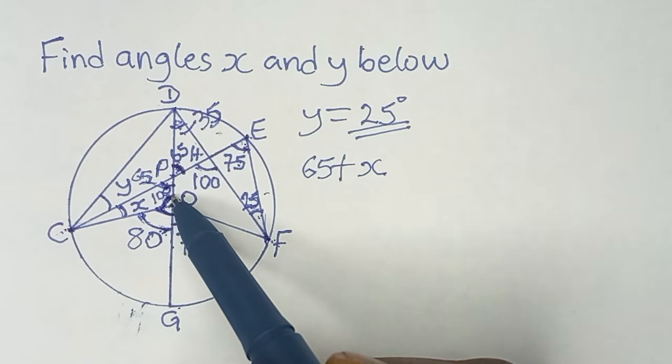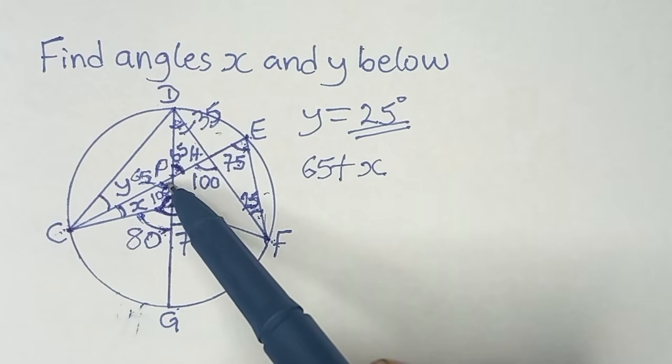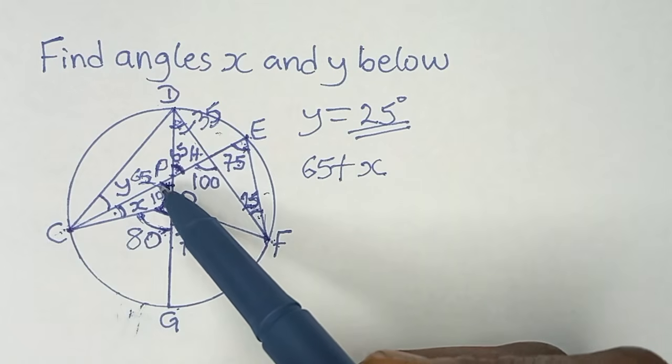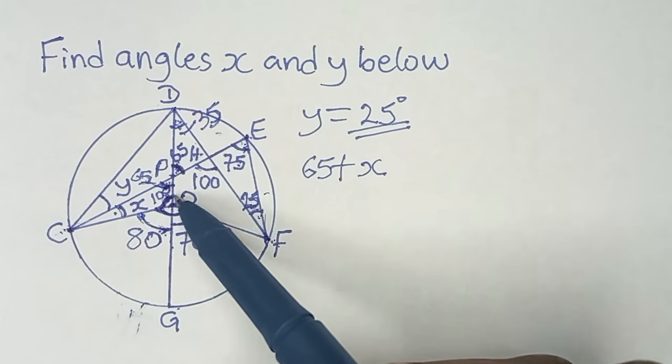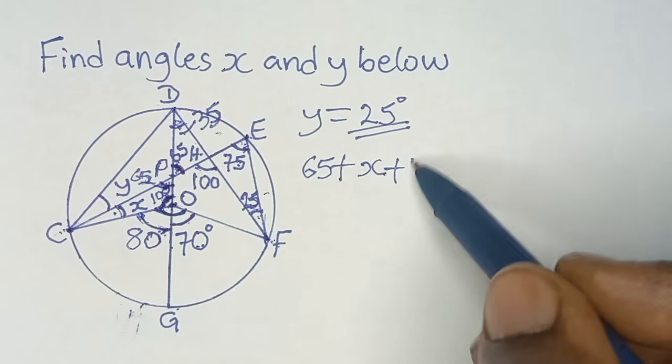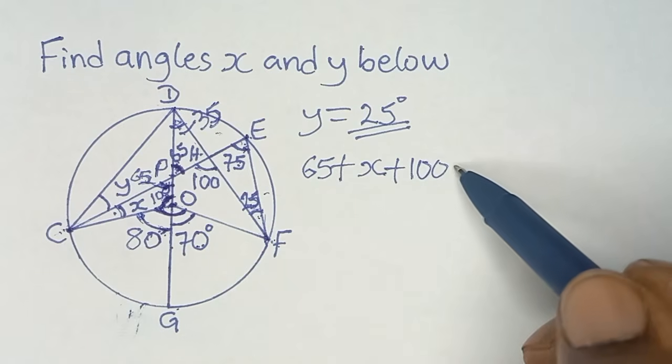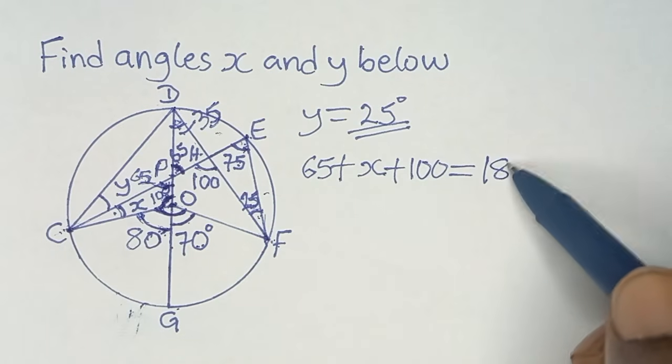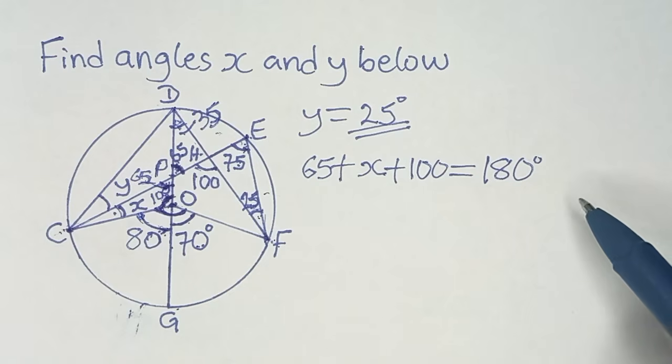So the three angles of this triangle, X and 65 and 100, all together will give us 180, because the sum of angles in a triangle is 180 degrees.